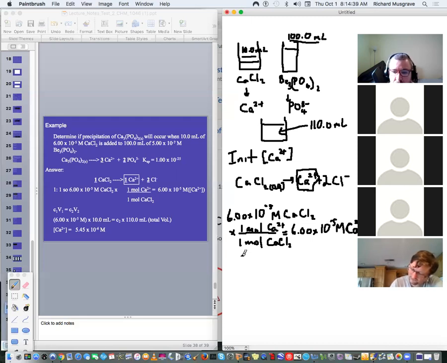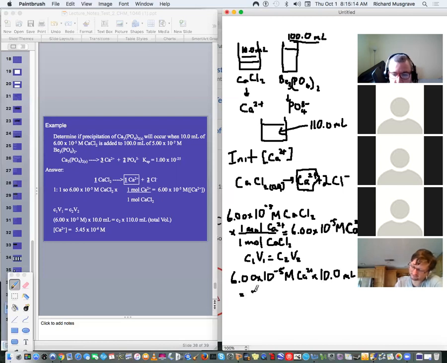So I have to account for the dilution of this calcium 2 plus. And to do that, I use the dilution formula, which is C1V1 equals C2V2, where C1V1 is the concentration that I calculated for the initial calcium 2 plus, times the volume that we initially had of it, which was 10.0 mL.